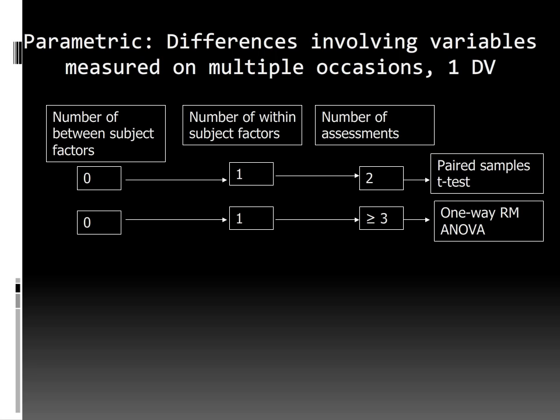A research example of when it would be most appropriate to use a one-way repeated measures ANOVA as the analysis is as follows.